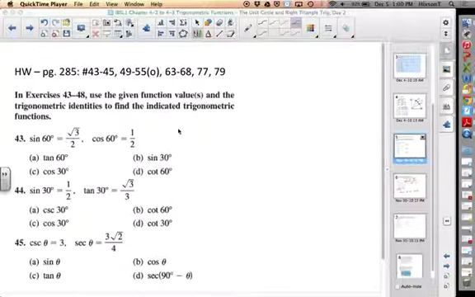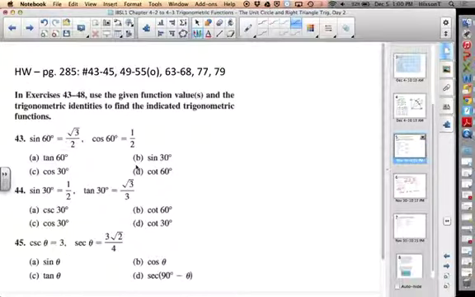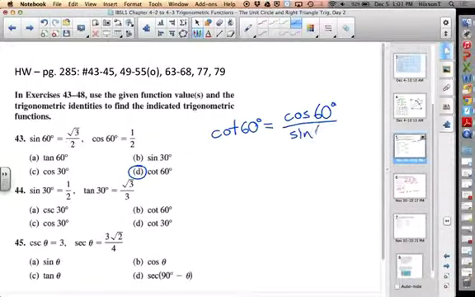So we're trying to find cotangent, and using our quotient identity, since we were given sine and cosine, our quotient identity says that the cotangent of any angle, in this case 60, is going to equal cosine over sine.